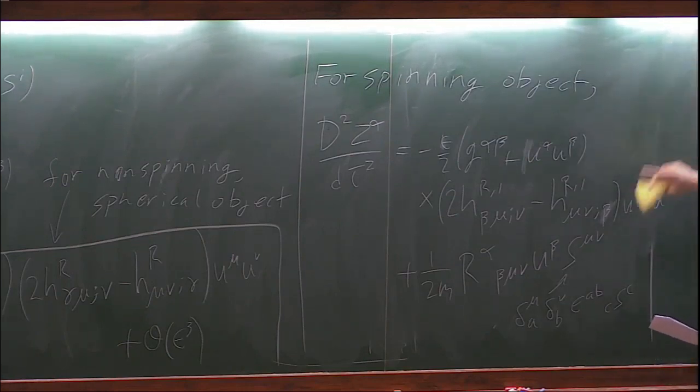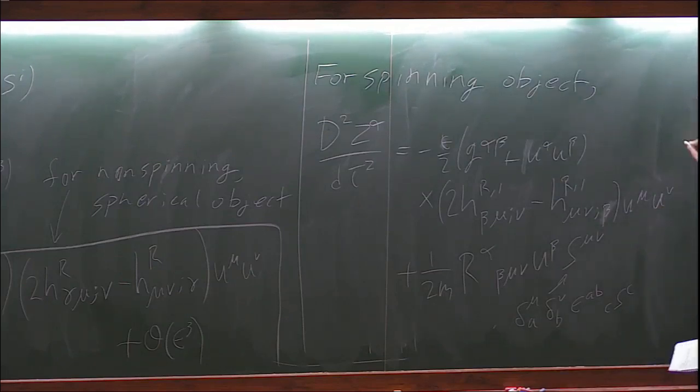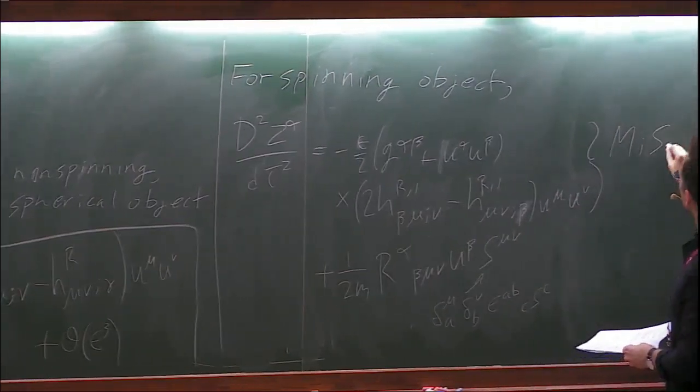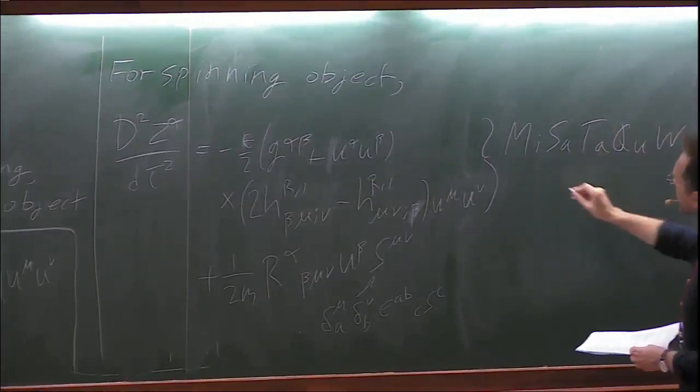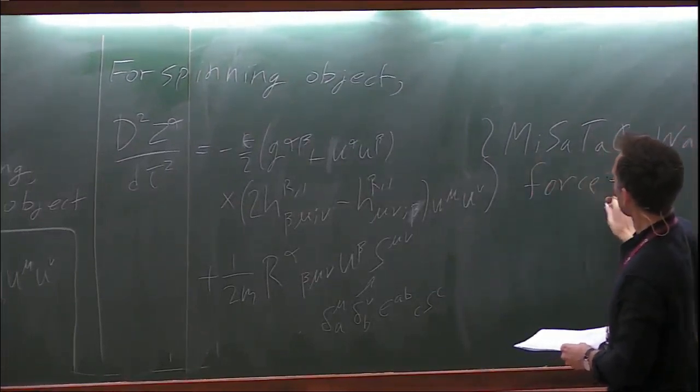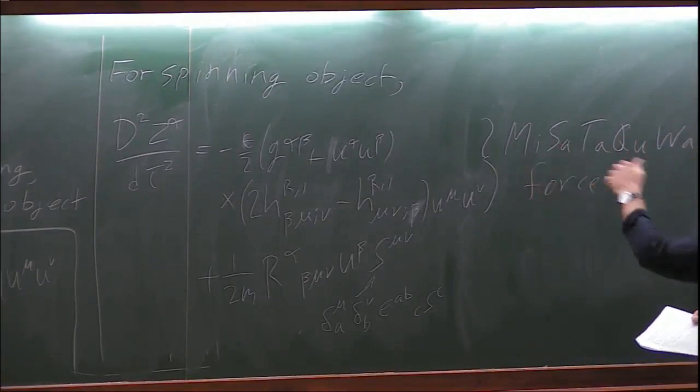Okay, so the second order equation over there doesn't have a name, but this equation, different pieces do have names. This piece is called the MiSaTaQuWa force. And this is what's usually considered to be the first order self-force.